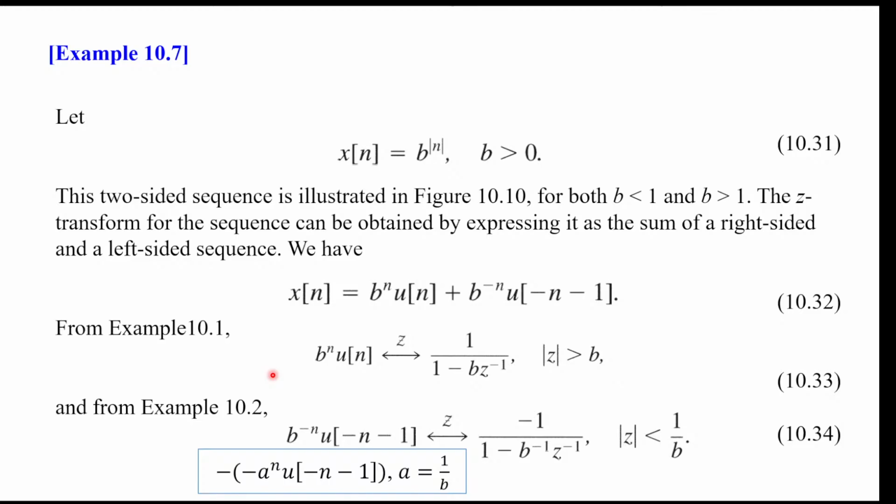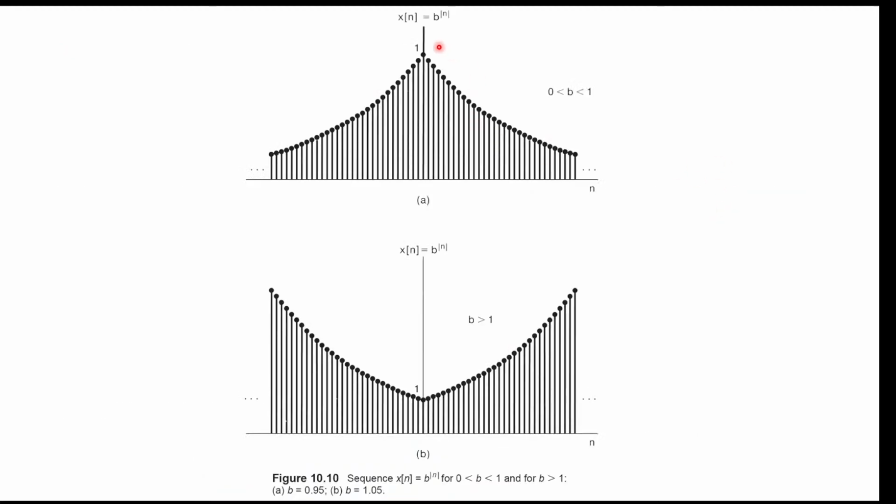We have x of n equal to b to the absolute value of n, with b greater than 0. And this is a two-sided sequence. And here the value of b will be pretty important. So if b is less than 1, then this thing is decaying when the absolute value of n is getting bigger. So it looks like this, a two-sided decaying function.